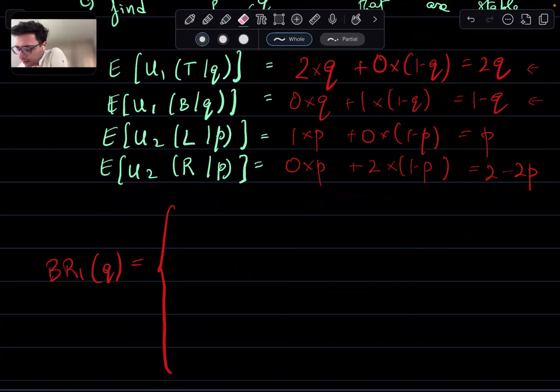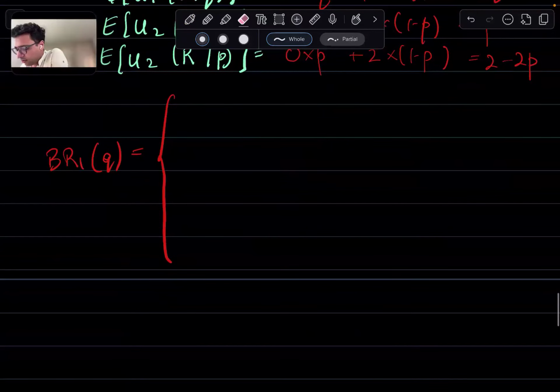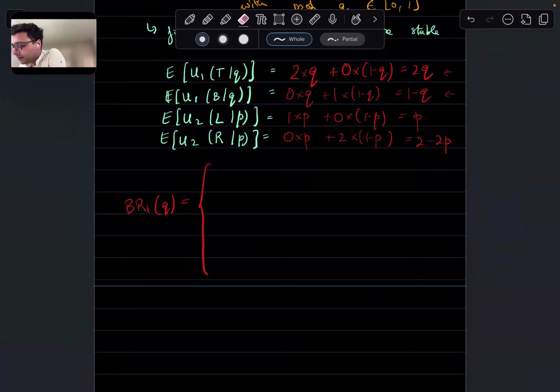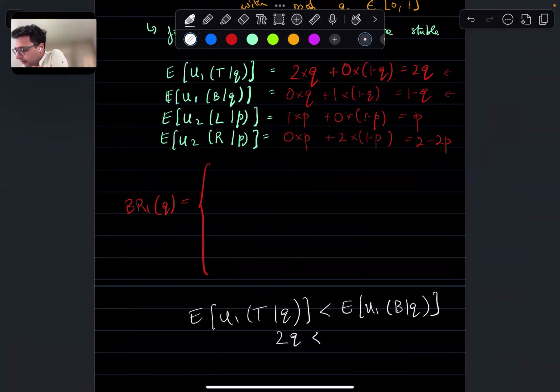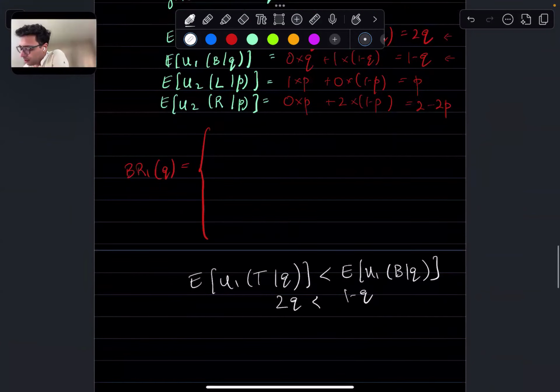Okay, so let me do some rough work here on the side. EU1 from T given Q will be less than, well, let's just call it less than EU1 from B given Q, if and only if 2 times Q is less than 1 minus Q, 3Q less than 1.